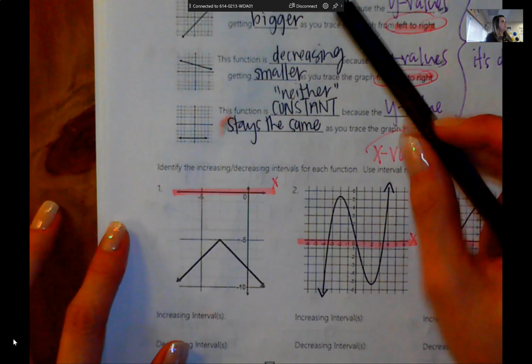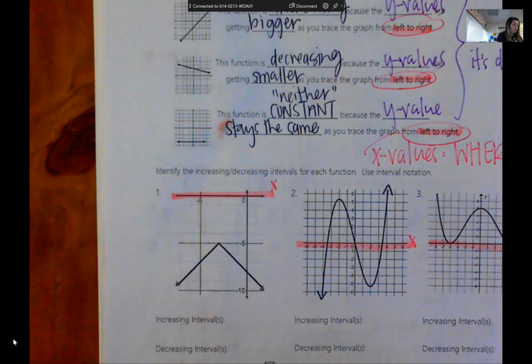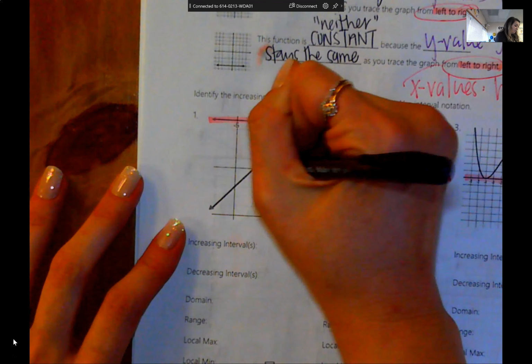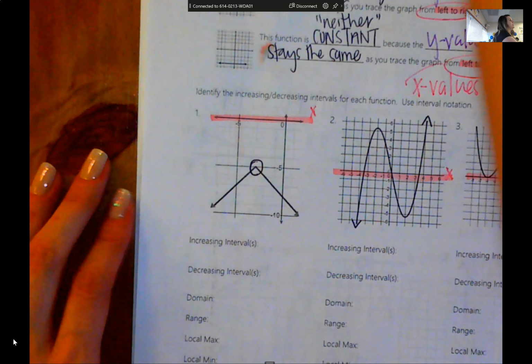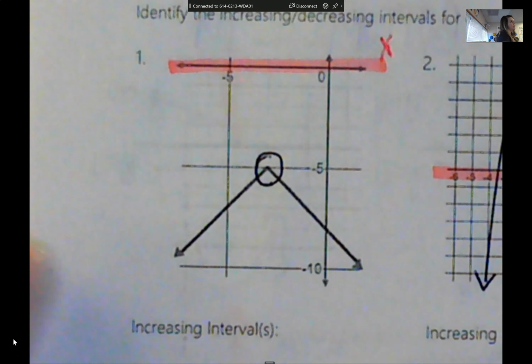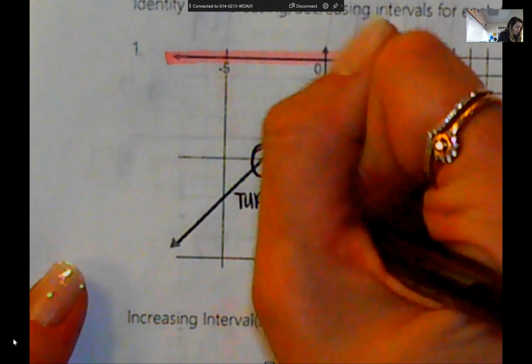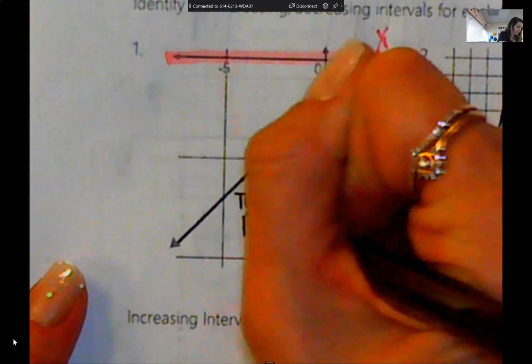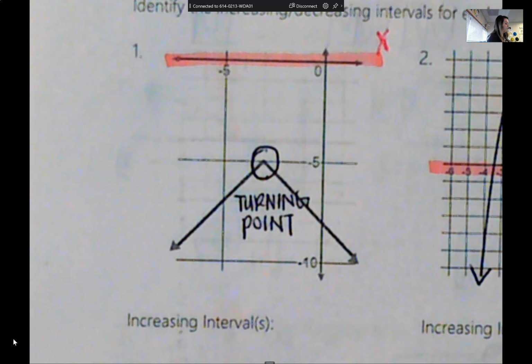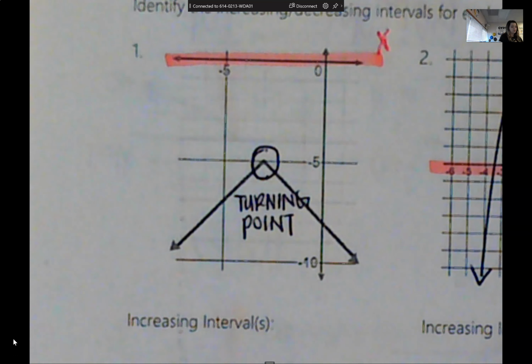So when we're given a graph, we have to determine if it's increasing or decreasing. This one, your absolute value, the top part, is called a turning point. It's also its vertex, but we can call it a turning point. The reason that it's called a turning point is because your function is literally going to change directions.